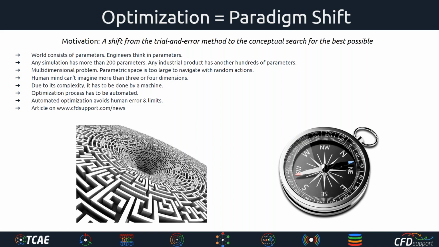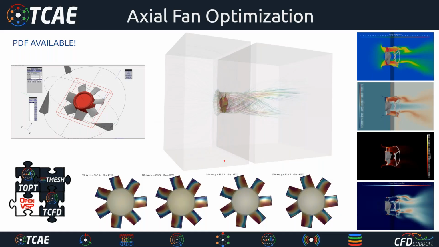So we believe that optimization is a tool for consistent looking into these parametric spaces, and they have to be automated, and automation and optimization avoid human error and human limits. So we are sure of this. This already happened, and it happens everywhere. That's the current reality.